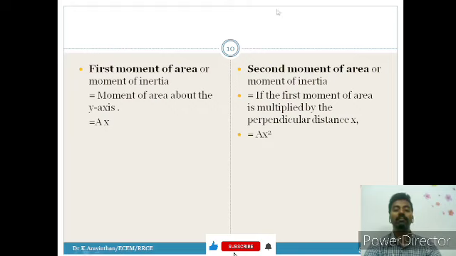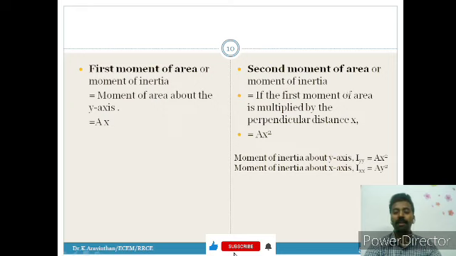Here the term area is given, which is why this is used to find the area moment of inertia, indicated by I. If you want moment of inertia about the y-axis, I is the letter used, and the formula is area into distance square.